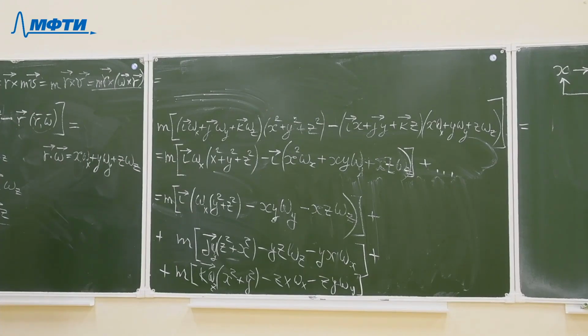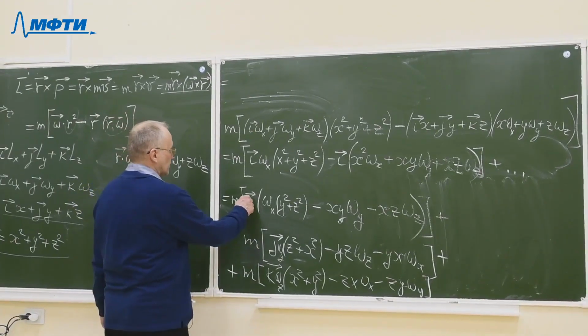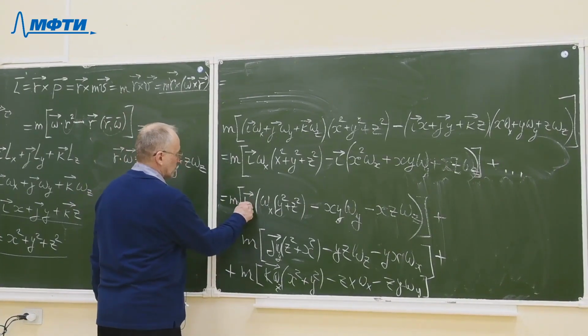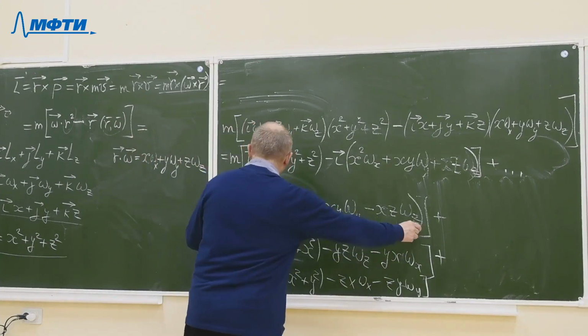Now, after we have found this awkward expression, we know actually what? A coefficient found at unit vector i is what?